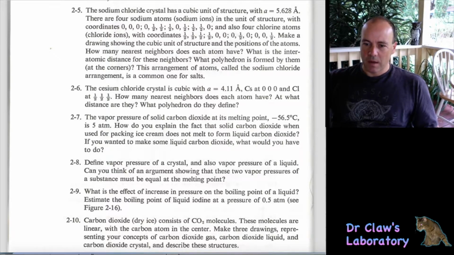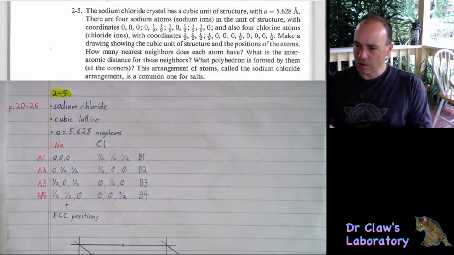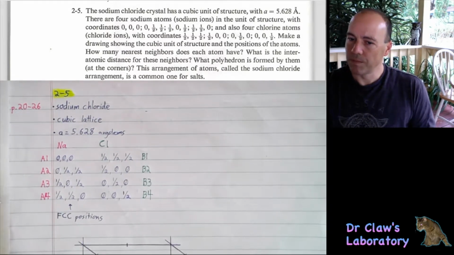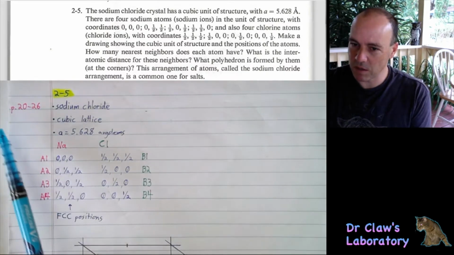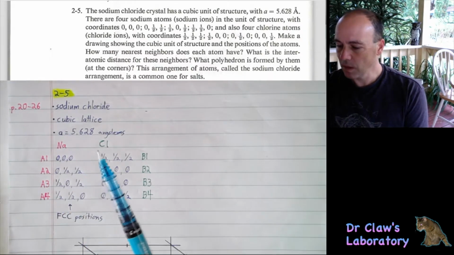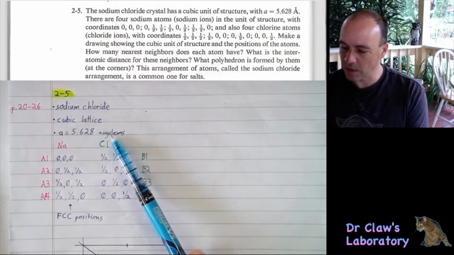Let's take a look at the model for this structure. Drawing some notes here. This also references pages 20 to 26 in the textbook. Talking about sodium chloride, it's a cubic lattice and it gives us the edge length.